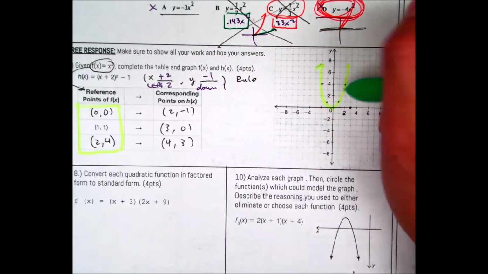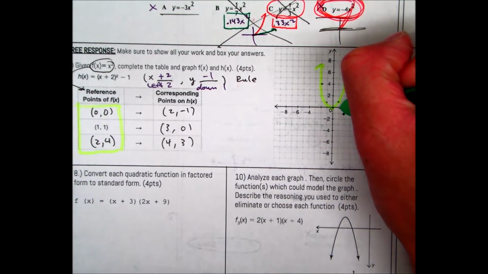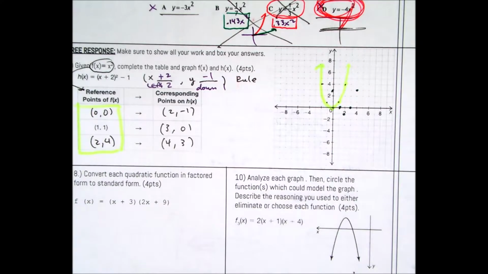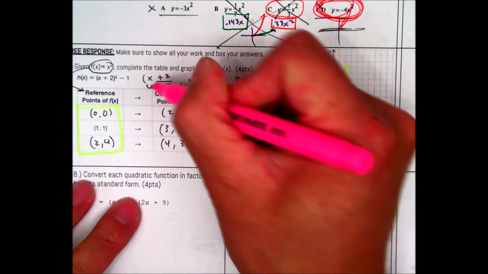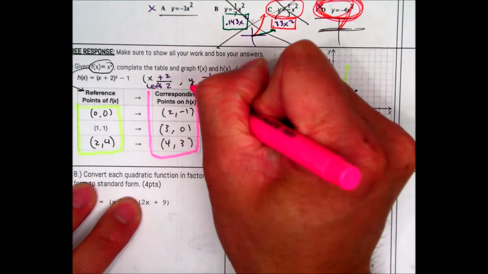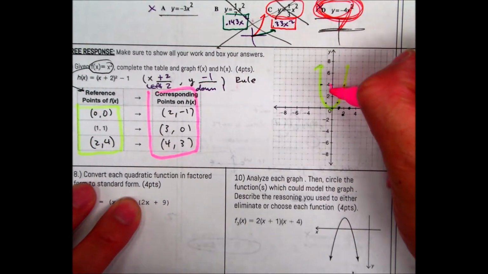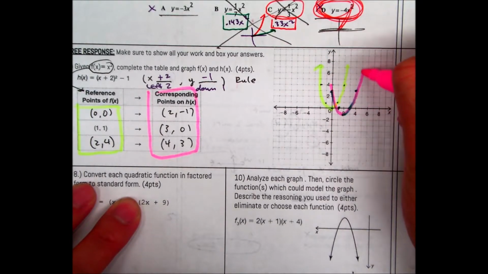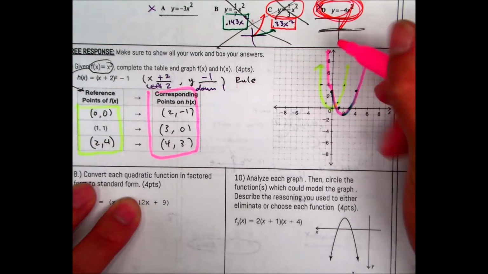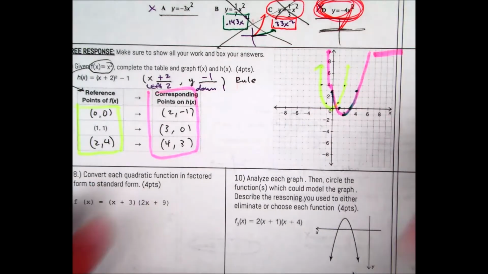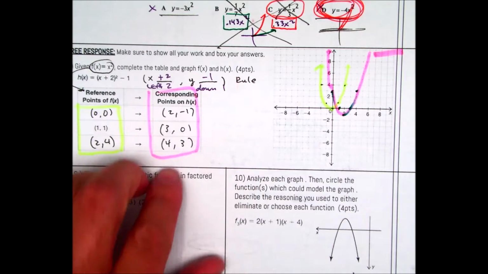So my symmetrical points are going to be here, and then now left 2, down 4. So let's go ahead and graph that. And you'll recognize that my graph's going to look something like this. Pink. So in pink, this is my h of x graph.